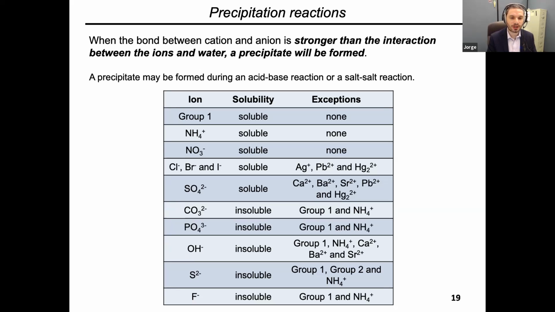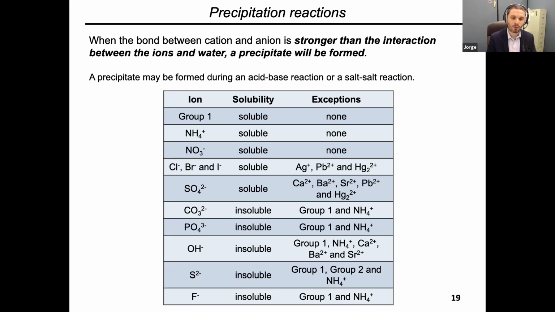The salt formed during the reaction may be a soluble salt, in which case, in solution, we are going to find the ions, or maybe an insoluble salt. If the salt is insoluble, we will not find ions, but the compound as a unit, and the physical state will be a solid.